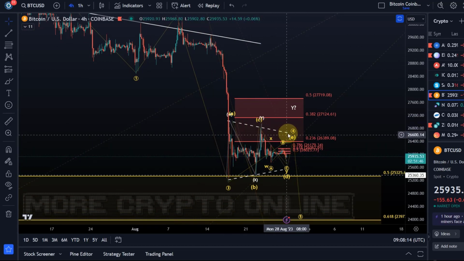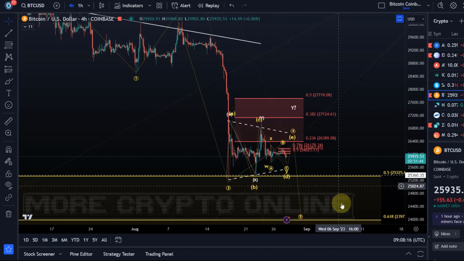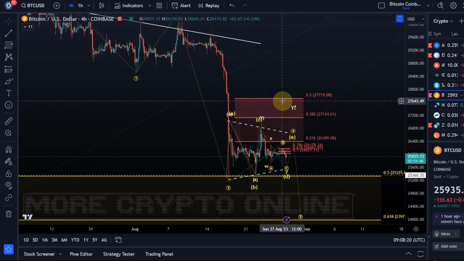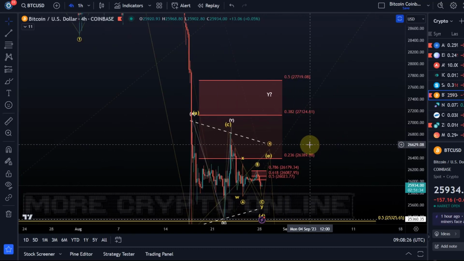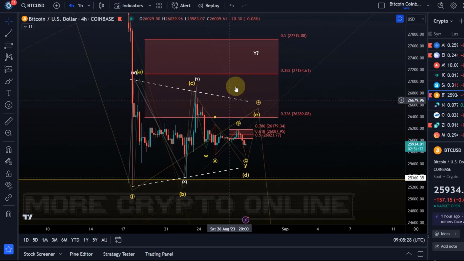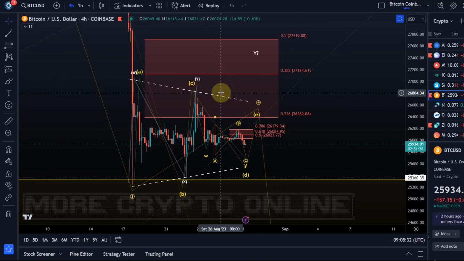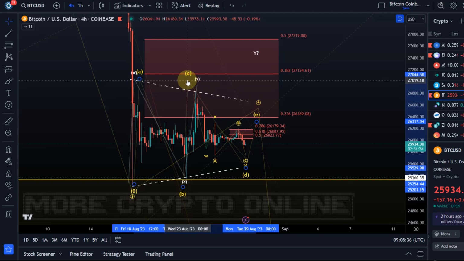I remain focused on that base case of another low, as long as Bitcoin stays below 27,720. Of course, the triangle itself could invalidate if we see a break to the upside, for example a break above 26,820. Then we break above the C wave high, and you need to see lower highs and higher lows in such a triangle.